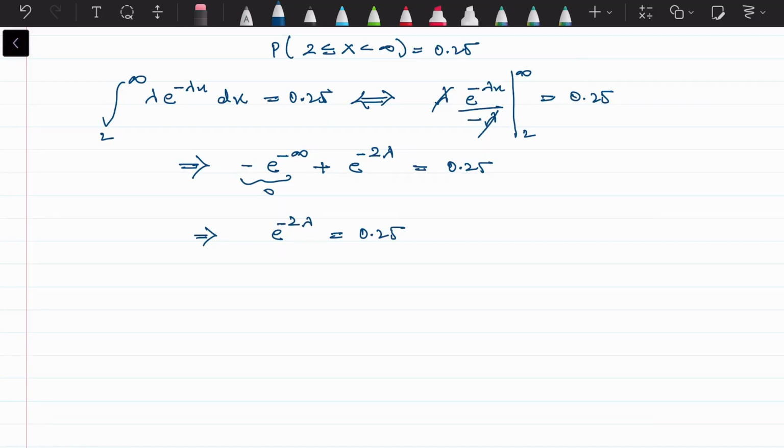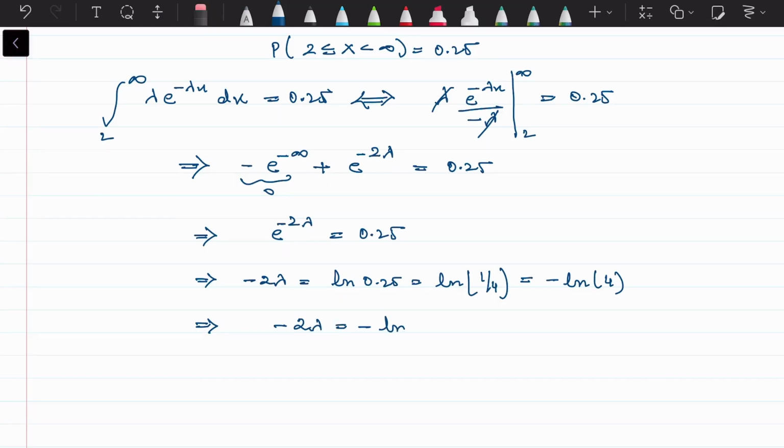Let's take the ln on both sides. So minus 2 lambda is equal to ln of 0.25, or this can also be written as ln of 1 by 4, and this can also be written as minus ln of 4. So what we have here is minus 2 lambda is equal to minus ln of 4.